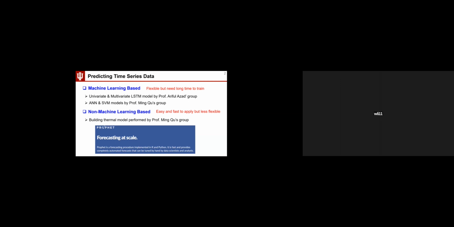So today I will examine another non-machine learning based method, which is called Prophet. This is a package developed by Facebook and can be implemented in R and Python. It's fast and provides completely automated forecasts that can be tuned by hand.